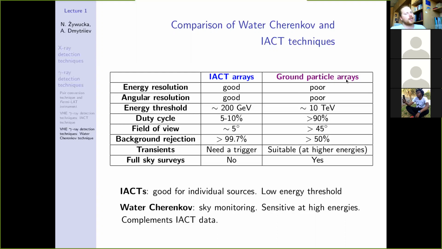While for ground particle arrays, due to their wide field of view, they can see very well more or less, not the entire sky, but a large portion of the sky. So these ground particle arrays can see that something is happening for a particular source, and, okay, I mentioned that the angular resolution is poor, but still they can give a more or less approximate position on the sky.